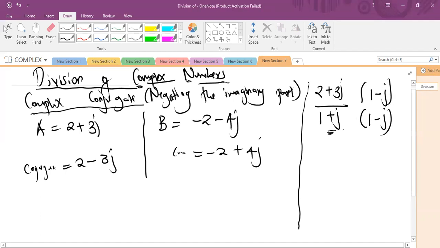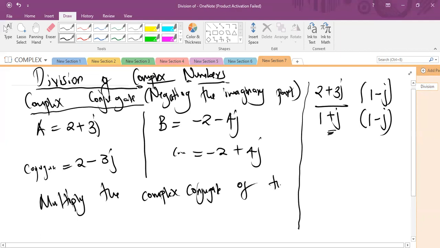That's how you carry out division of complex numbers. Multiply the complex conjugate of the denominator both up and down. By up and down, basically, I mean you multiply it onto the numerator and the denominator as well.